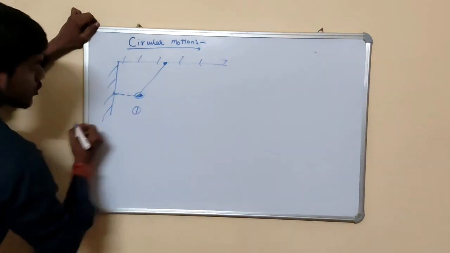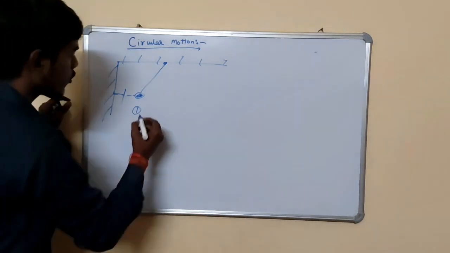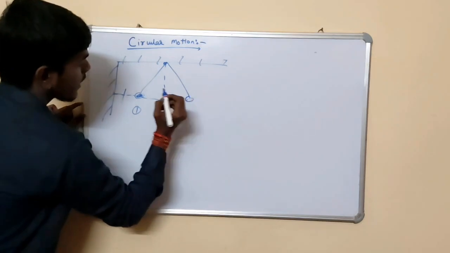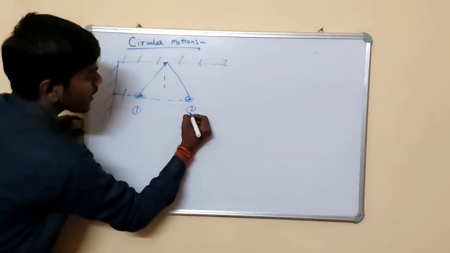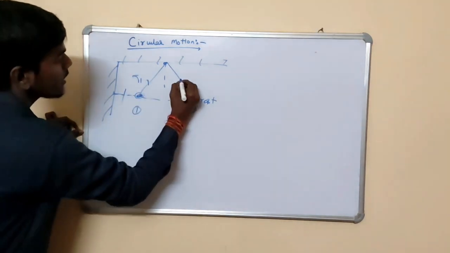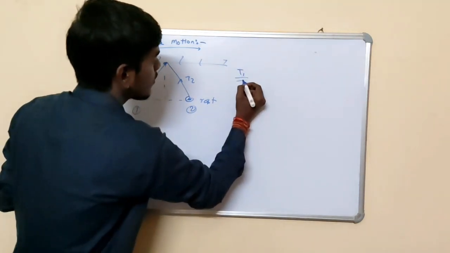Let's say it is position number 1. If I cut the string from here, what will happen? It will reach some point, and after going a certain distance it will return. Here when it is at rest, suppose the tension here is T1 and here the tension is T2. I have to find the ratio of T1 upon T2.